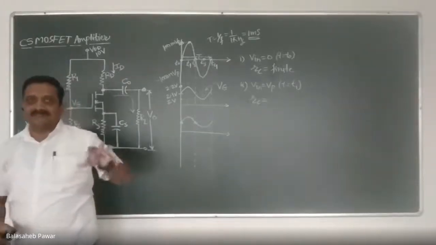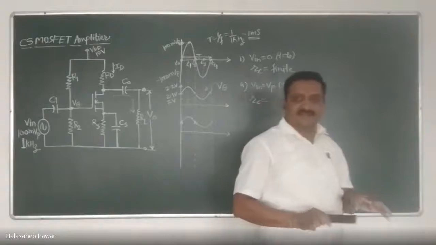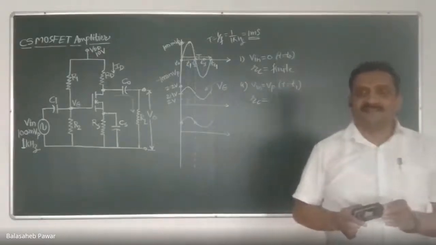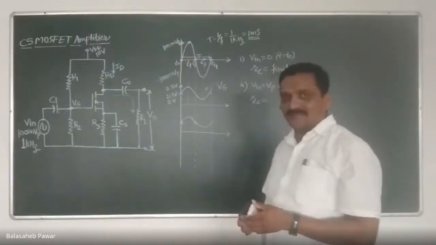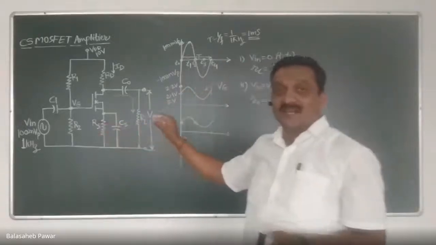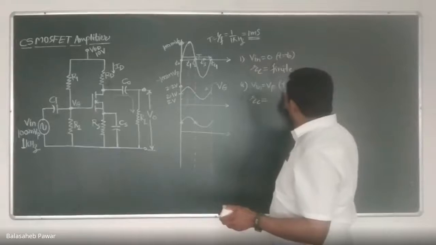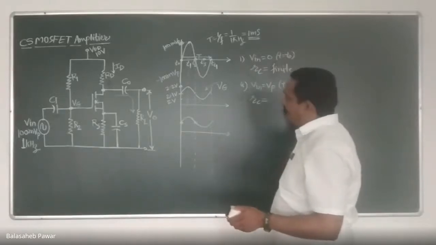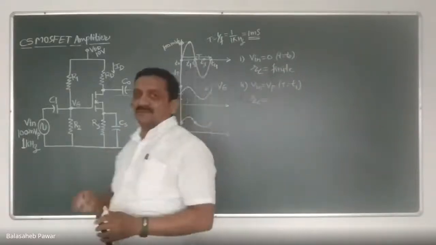First of all, will it be infinite or finite again? Finite. It will be finite because our VG is non-zero. How much is the value of VG at t equals t1 for this time period? It was 2.2. Yes, very good. That VG becomes 2.2 right now.